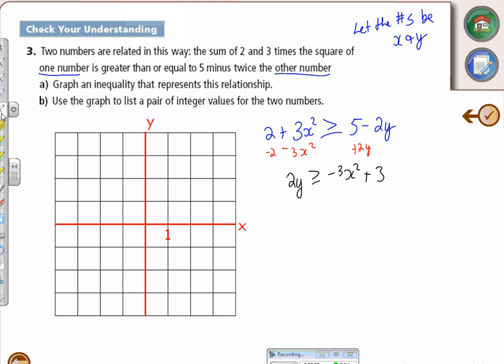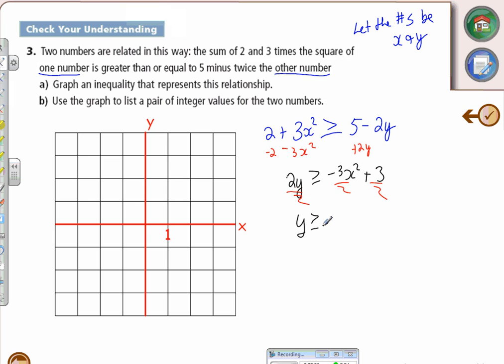Now divide everything by 2, and that gives us y greater than or equal to negative 3 over 2, or negative 1.5x squared plus 1.5, or 3 over 2.